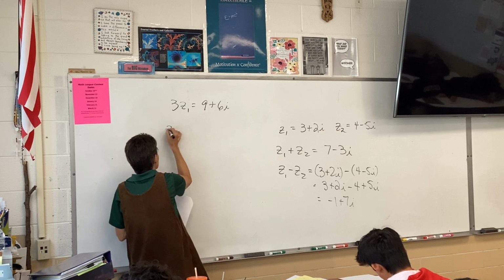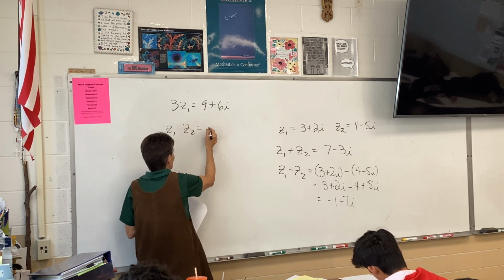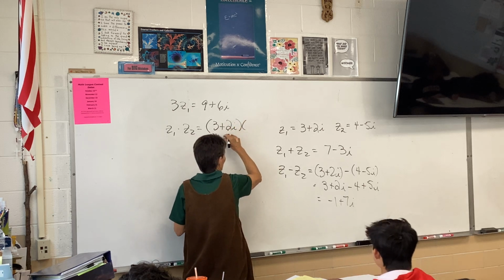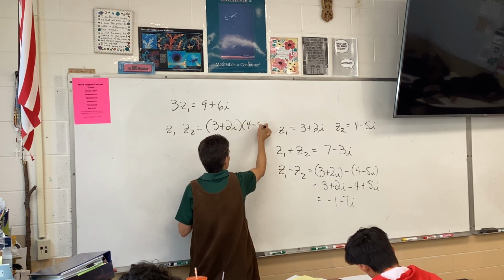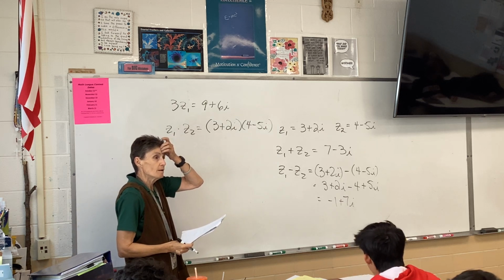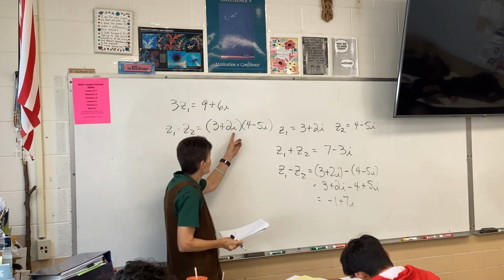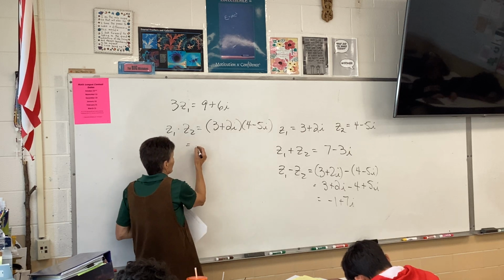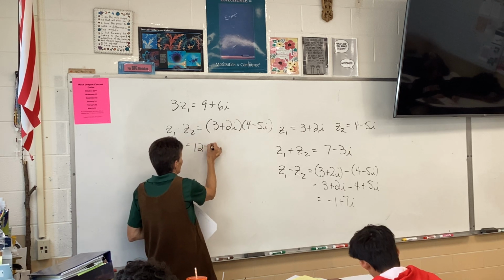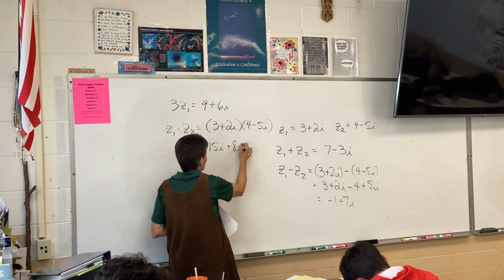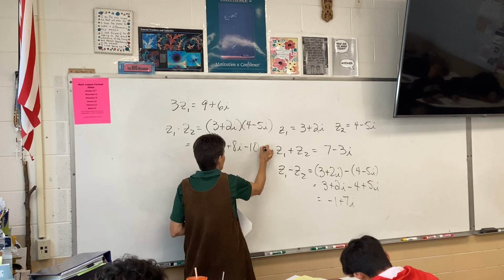What about z sub 1 times z sub 2? You FOIL. This is going to be a parentheses times a parentheses. So we're going to FOIL it just like we would if these were x's. We're doing exactly the same thing. So that will be 12 minus 15i plus 8i minus 10i squared.